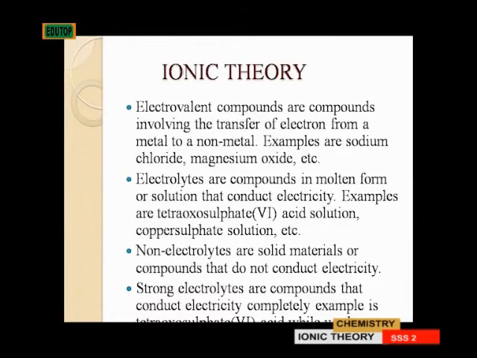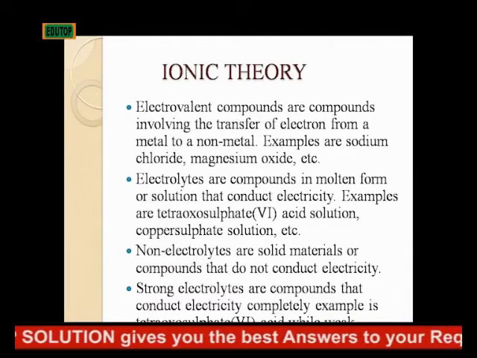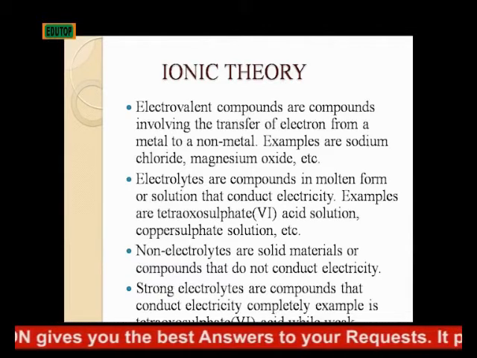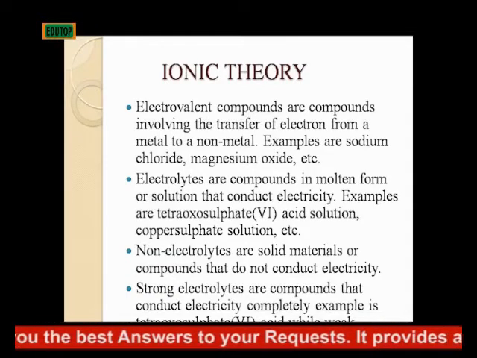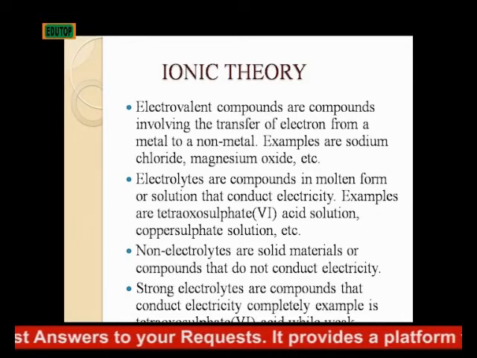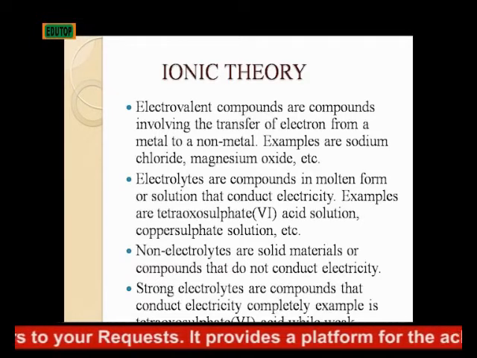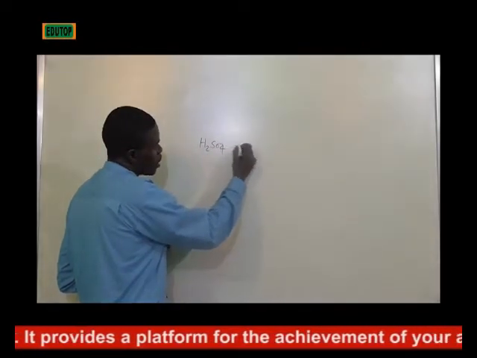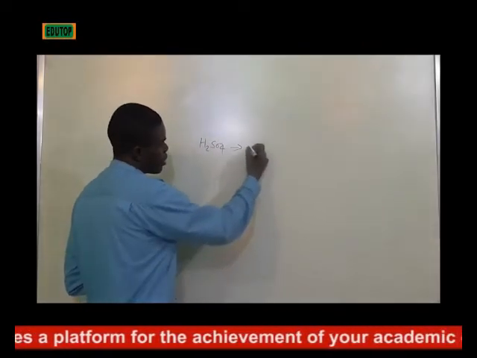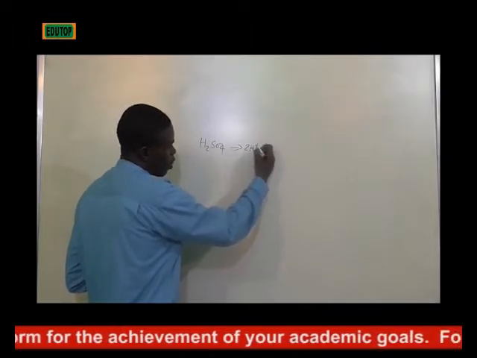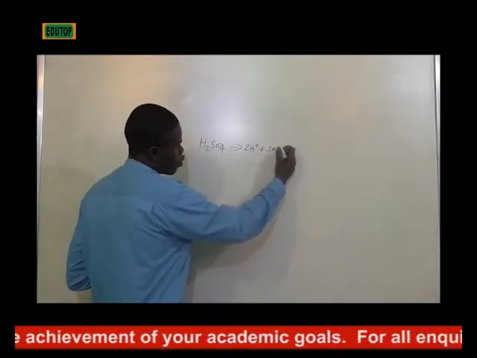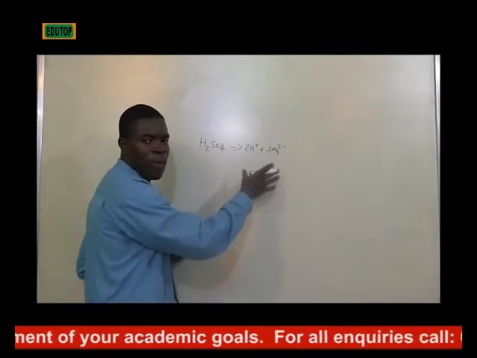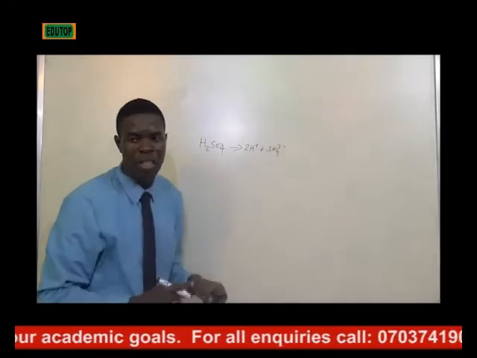Electrolytes. What are electrolytes? Electrolytes are compounds in molten form or in solution that conduct electricity. Example is tetraoxosulfate(VI) acid and copper sulfate solution. Tetraoxosulfate(VI) acid is an electrolyte because it dissociates to 2H+ and SO4 2-, and at this state is able to conduct electricity.